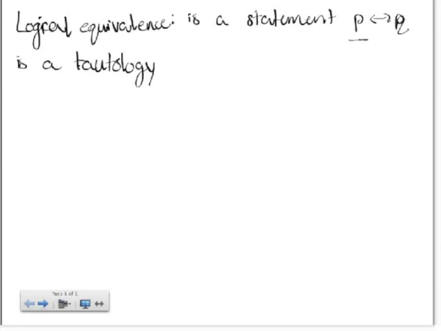So this means when P is true, Q is also true, and when P is false, Q is also false, and vice versa. Let me say that again. P and Q have exactly the same values for exactly the same inputs.